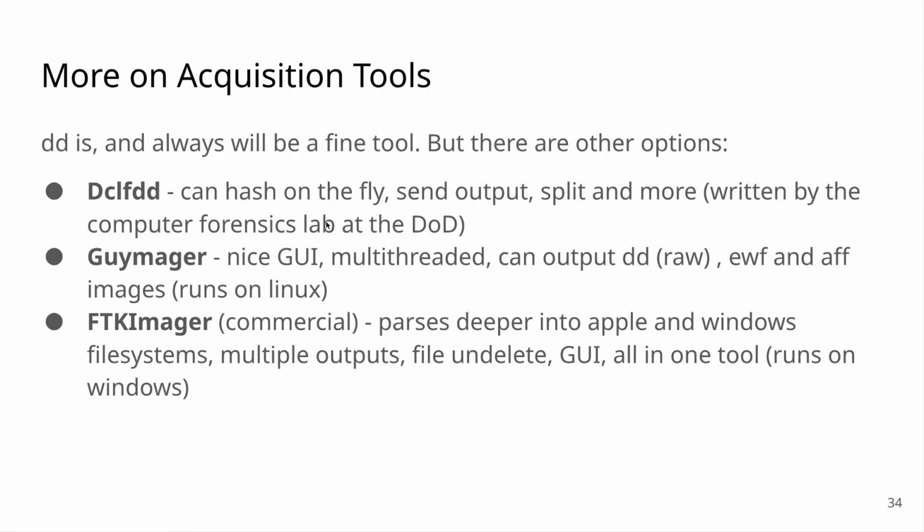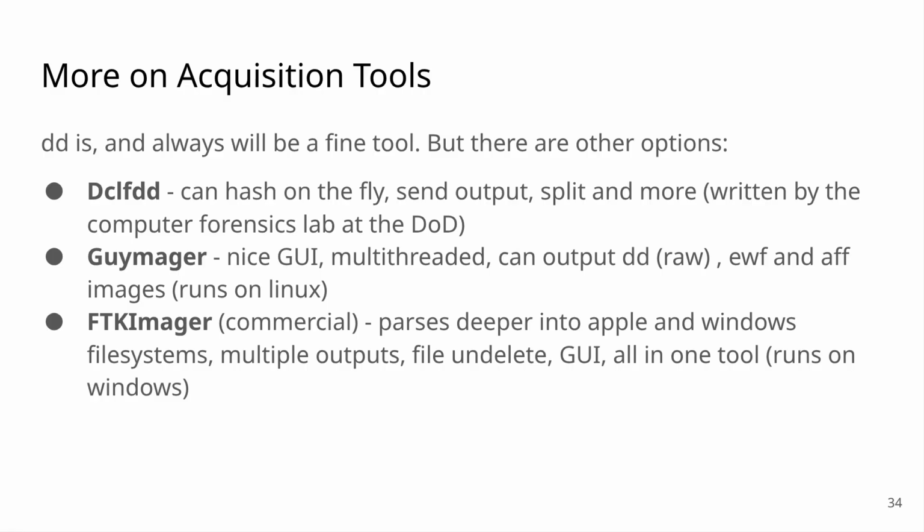Then if you are on Linux and you want a graphical user interface type of program, you can use Guymager here, and it can output certain different forensic file formats that I'm going to talk about in a second. And on Windows, you have the FTK Imager, which is a commercial program. I think there might be some sort of shareware option, but this can also parse different types of file systems.